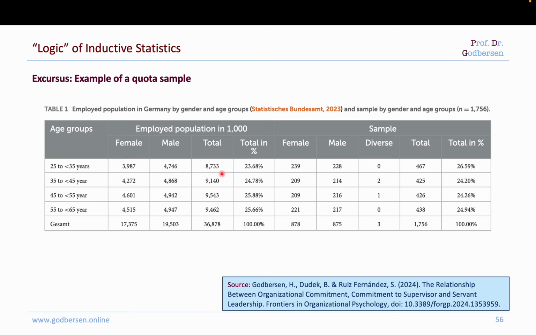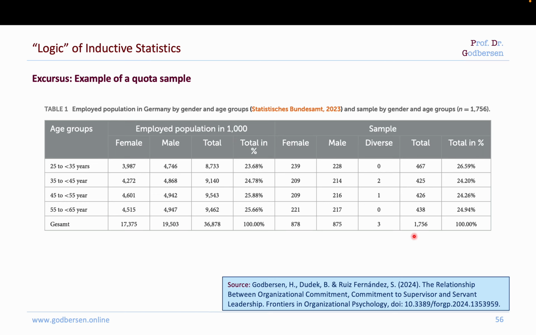So on this table on the left-hand side, you see the official statistics. Then I told students in some of my lectures that they have to collect data, and they were given a quota according to the attributes female, male, and age brackets, and they then had to collect the data for this project.